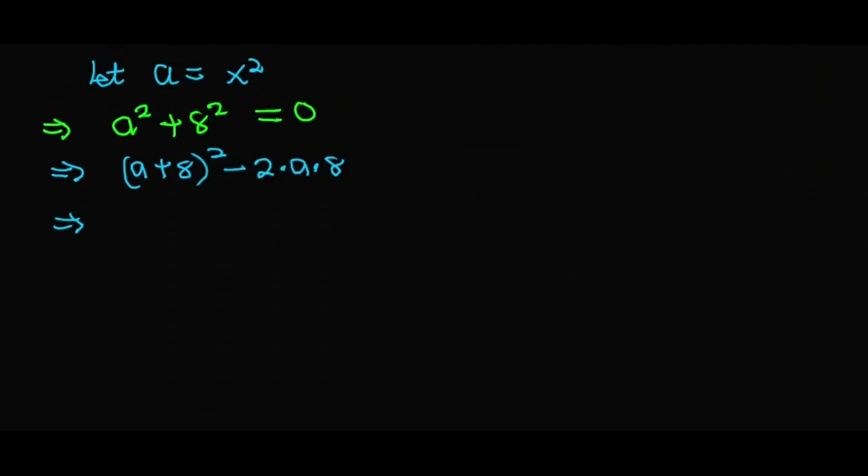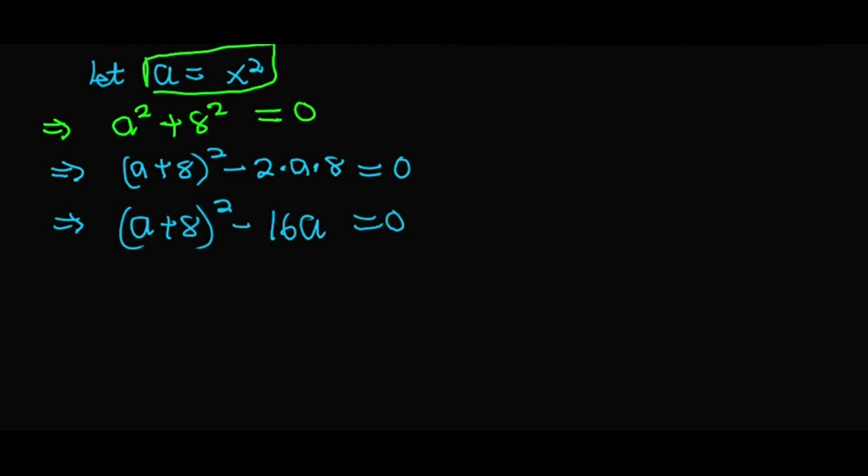This implies we have a plus 8 squared minus 2 times 8 times a, which will give us 16a, equals 0. Recall a is x squared.